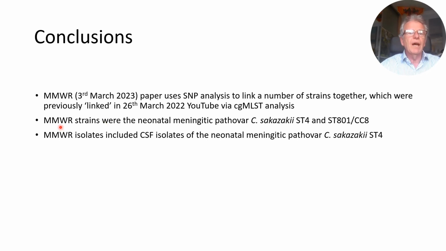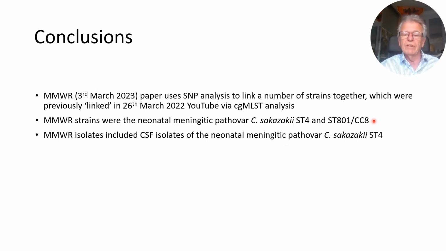Second bullet point, MMWR strains were the neonatal meningitic pathovar, ST4. There were two cerebrospinal fluid isolates there, which were this meningitic pathovar, and that's a real red flag to me. If you detect sequence type 4, then that's a real red flag, a real risk.